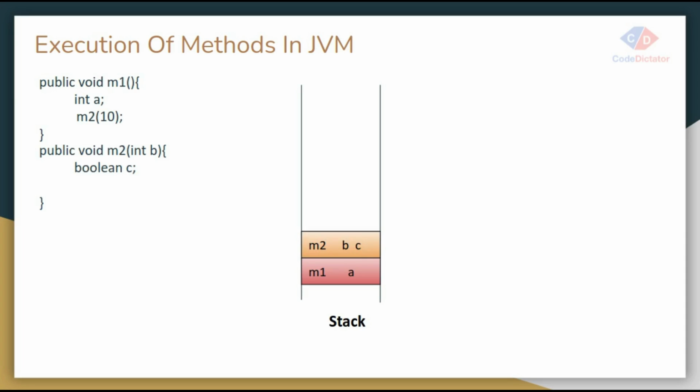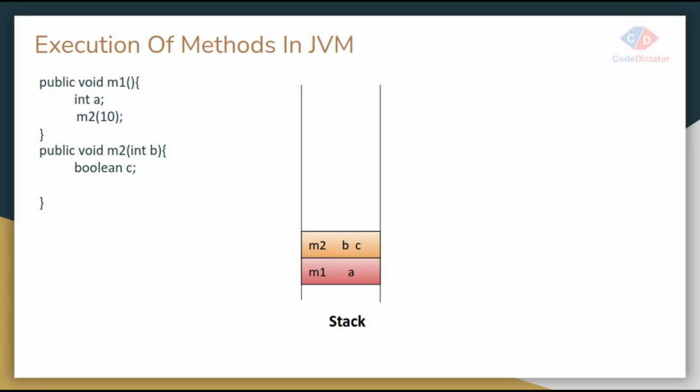The m1 method doesn't have any parameter, so you can pass either n number of arguments or zero arguments. The m2 method has one parameter, which is a local variable, and the scope of that variable is only within the parentheses of your m2 method. And with that we created another local variable called c, of type boolean. So both are stored in the stack memory.